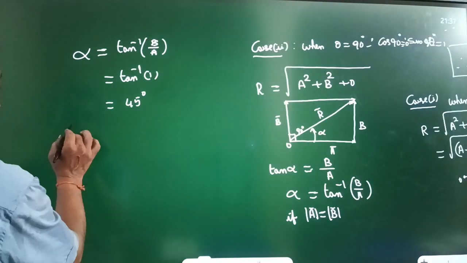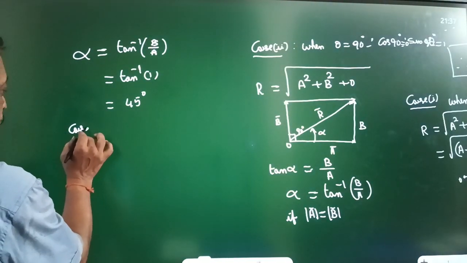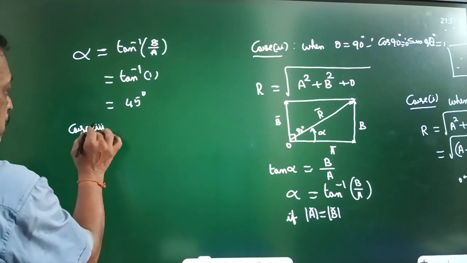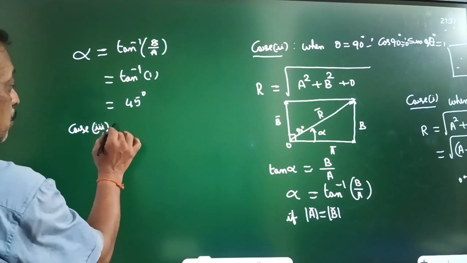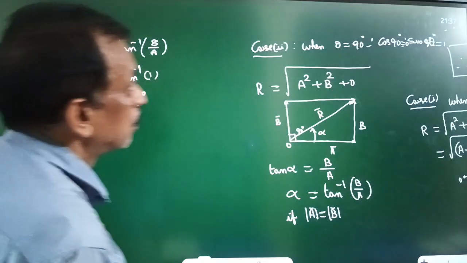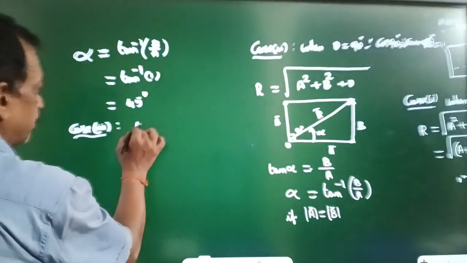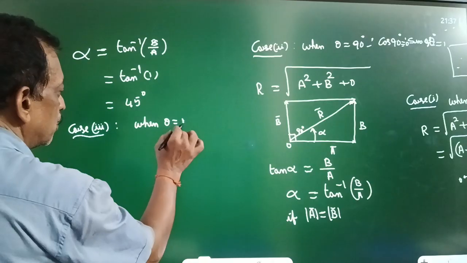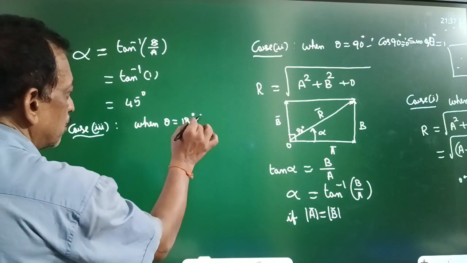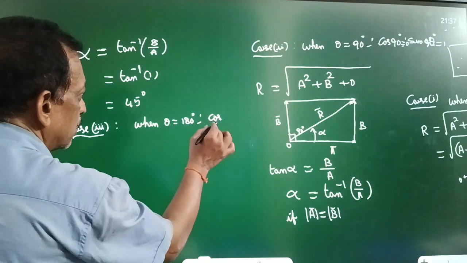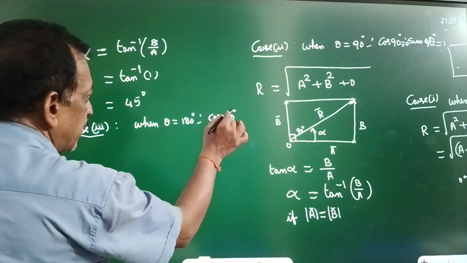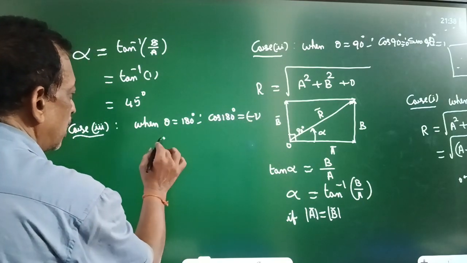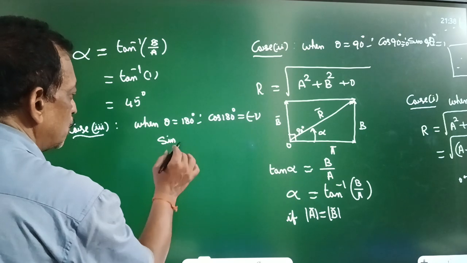Now case 3. When theta is equal to 180. Cos 180 is minus 1 and sin 180 is 0.